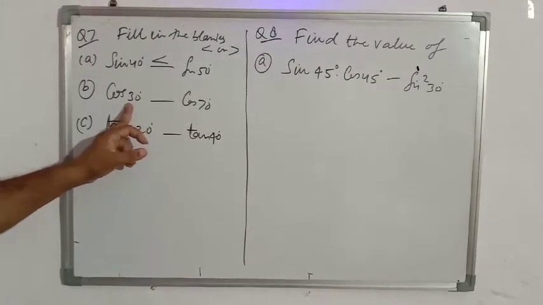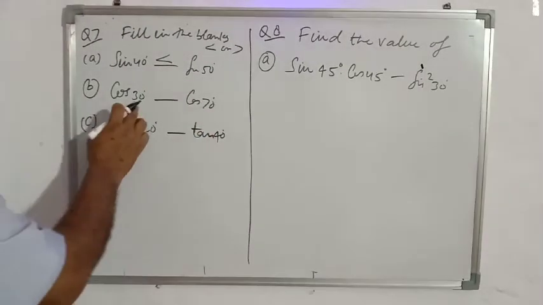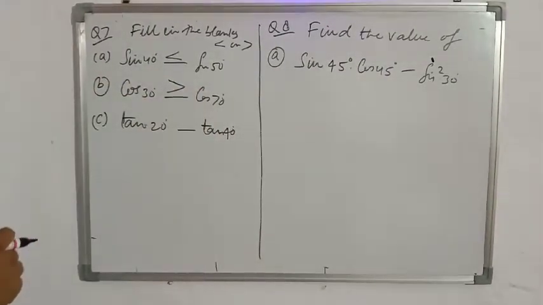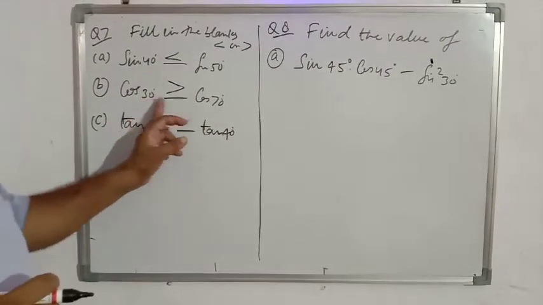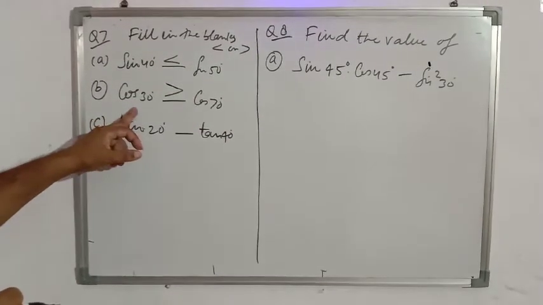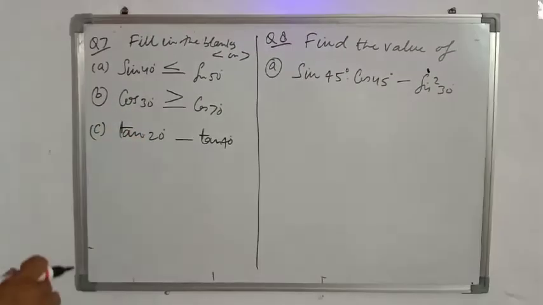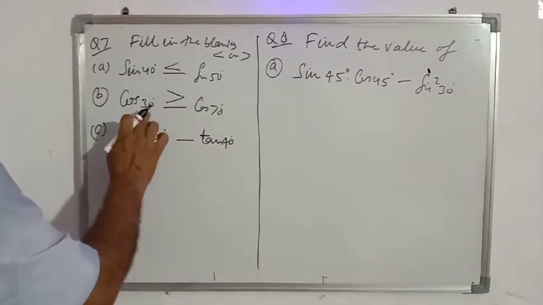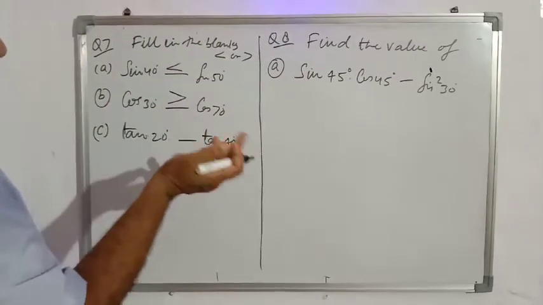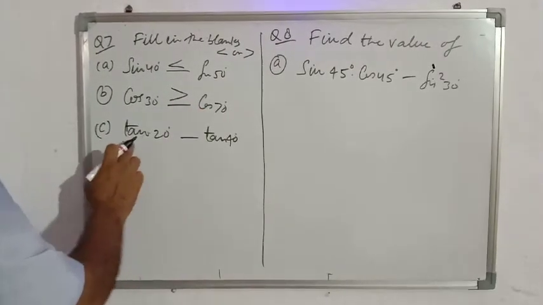So cos 30 will be greater than cos 70 degree. As theta increases from 0 to 90, cos decreases from 1 to 0. If the angle is less, then the value of cos of that angle will be more. So cos 30 will be greater than cos 70.